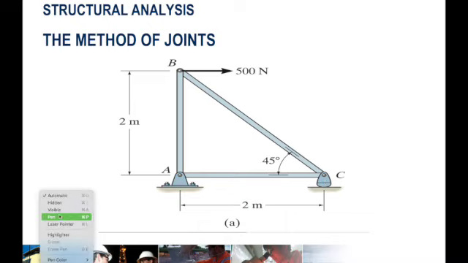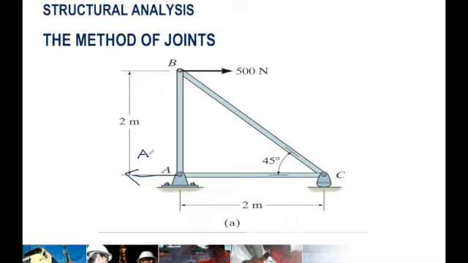According to our previous lesson, if this is 500 newtons going to the right, the reaction at A, let's call it Ax, should be going to the left. What else do we have? We can do a summation of moments at A to know the sense of the rocker connection at C.